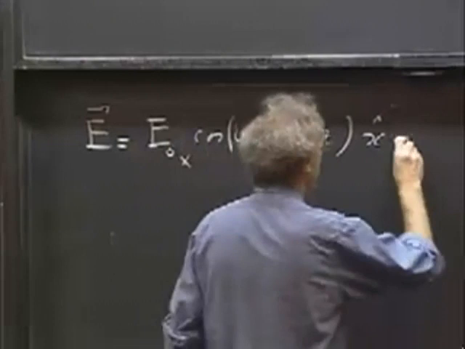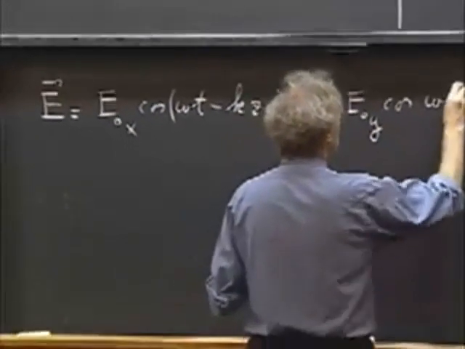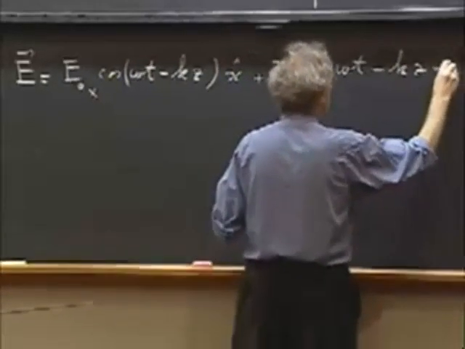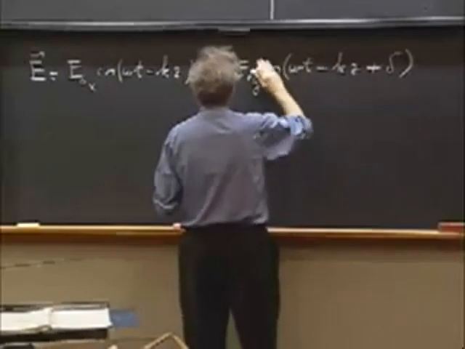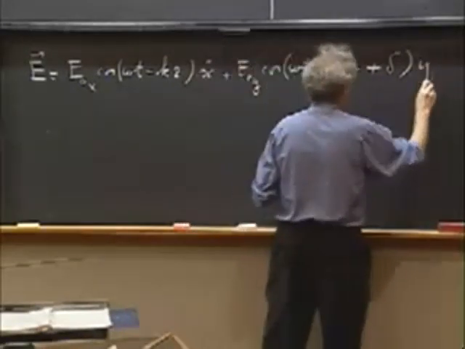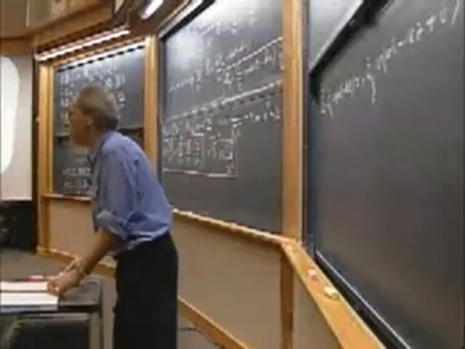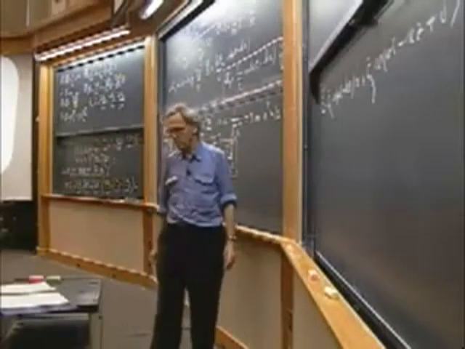And then I would have another E0y times the cosine of omega t minus kz plus delta. I can give it any random phase angle delta, and that would then be in the y direction. And so clearly, this satisfies the wave equation, because each separately satisfies the wave equation.